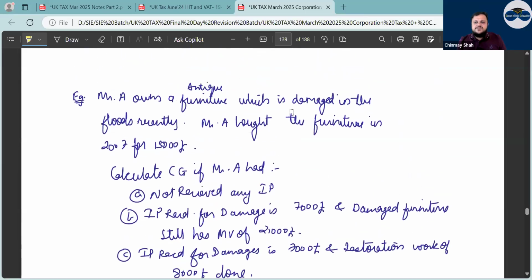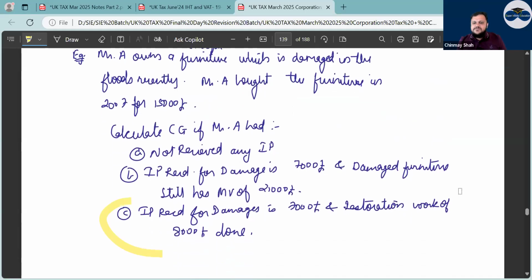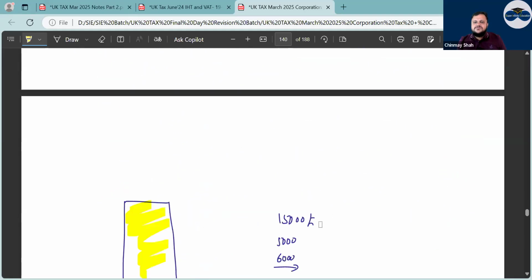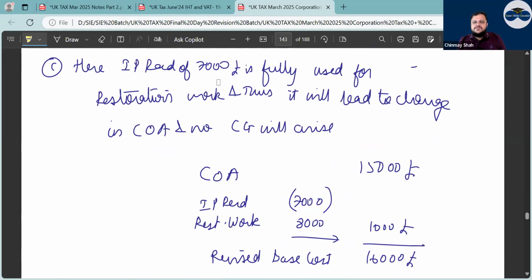Third part. Mr. A owns antique furniture which was damaged in a flood recently. Mr. A bought the furniture for 1,500. If insurance proceeds received for damages are 7,000 and restoration is 8,000. Now have a look at how part C is solved. Your insurance proceeds received of 7,000 are fully used for restoration work, so 7,000 will be deducted. 8,000 is the expense that you made. And the new cost of acquisition of the painting will be how much? 1,000 extra you spent.